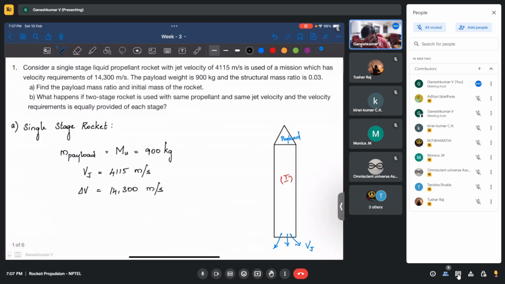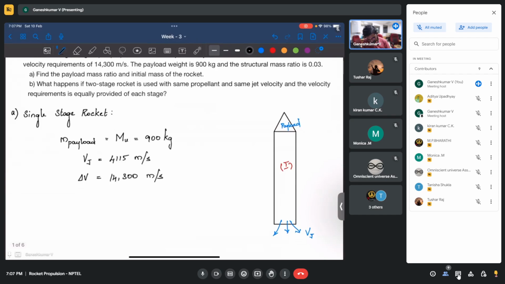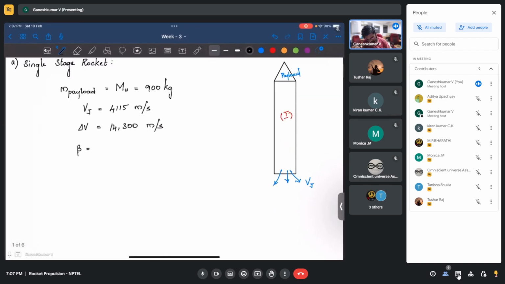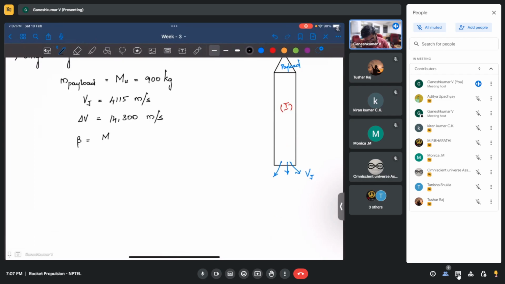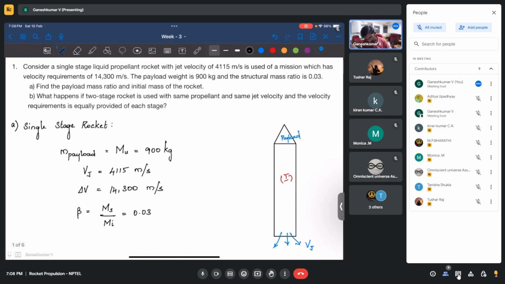Also the structural mass ratio is given. Beta is the notation we use for it. Basically, this means the mass of the structure divided by the initial mass of the rocket, or initial mass of that stage, which is 0.03.